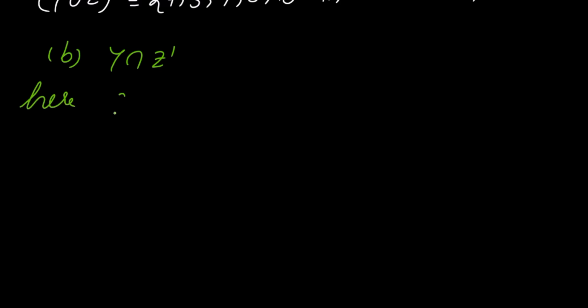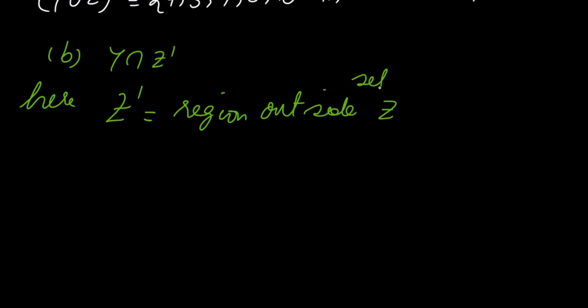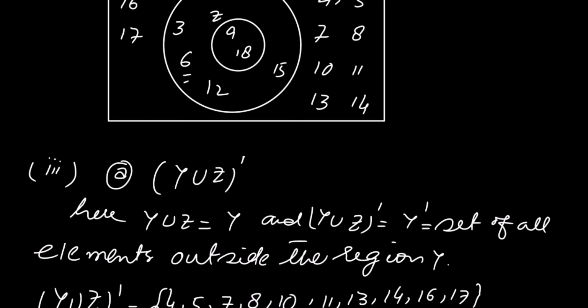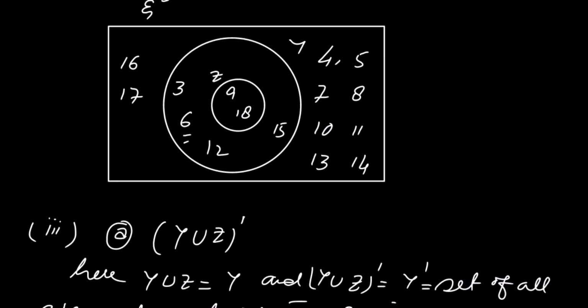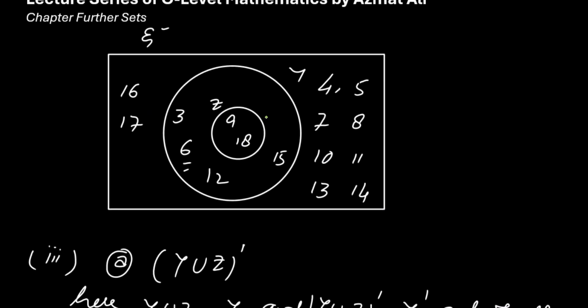Here Z complement is the region outside the Z. So this is all the area that is outside the Z but inside the Y. Z complement actually consists of two parts, two regions.